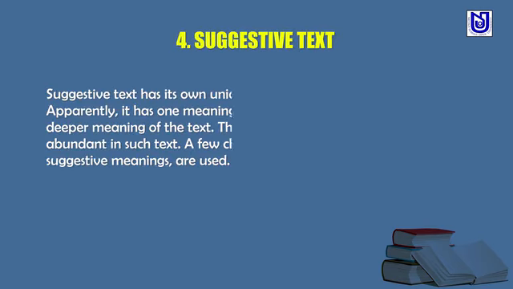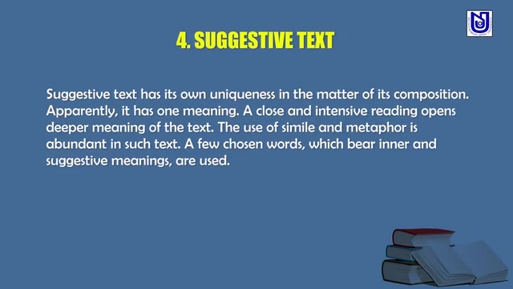Now I will discuss the suggestive text. Suggestive text has its own uniqueness in the matter of its composition. Apparently, it has one meaning. A close and intensive reading opens the deeper meaning of the text. The use of simile and metaphor is abundant in such text.